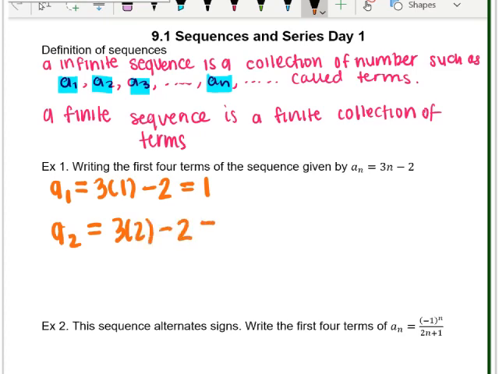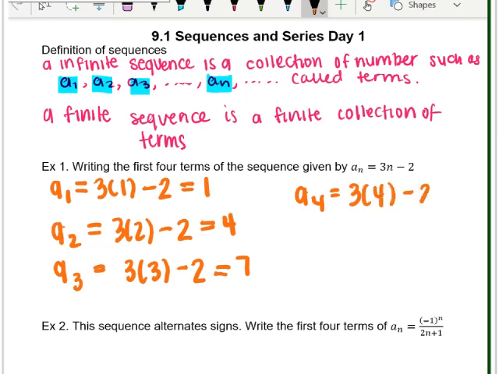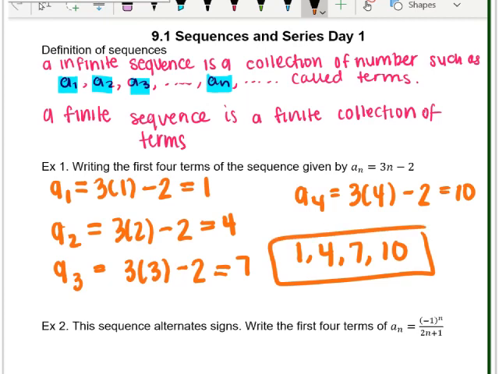That gives us 6 minus 2, which is 4. A3: 3 times 3 minus 2. That's 9 minus 2, which is 7. A4, the fourth term, which is plugging in 4. That gives us 10. So the first 4 terms are 1, 4, 7, and 10.